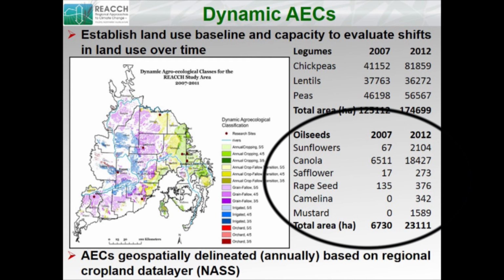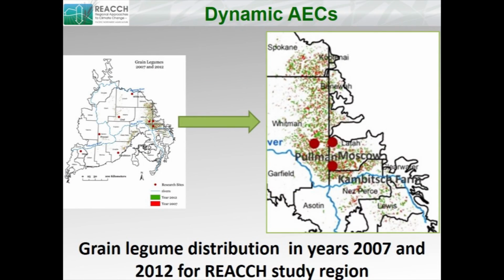These kinds of assessments help us to track not only the hectares that you see here in terms of the total area used for these crops, but we can also look at it spatially. Where are these changes taking place from the standpoint of these crops? So here we're looking at 2007 and 2012 for just the grain legumes, and here's the overall map of where those are grown.